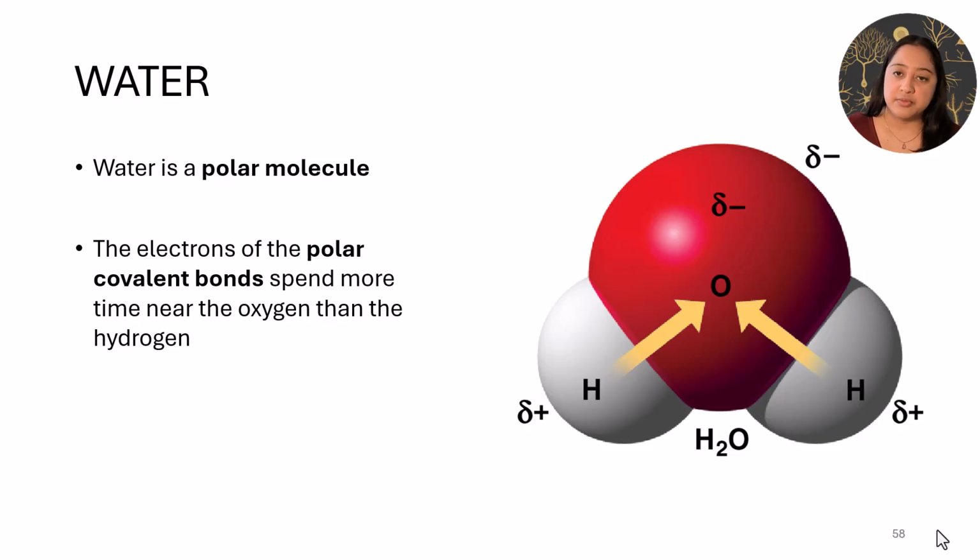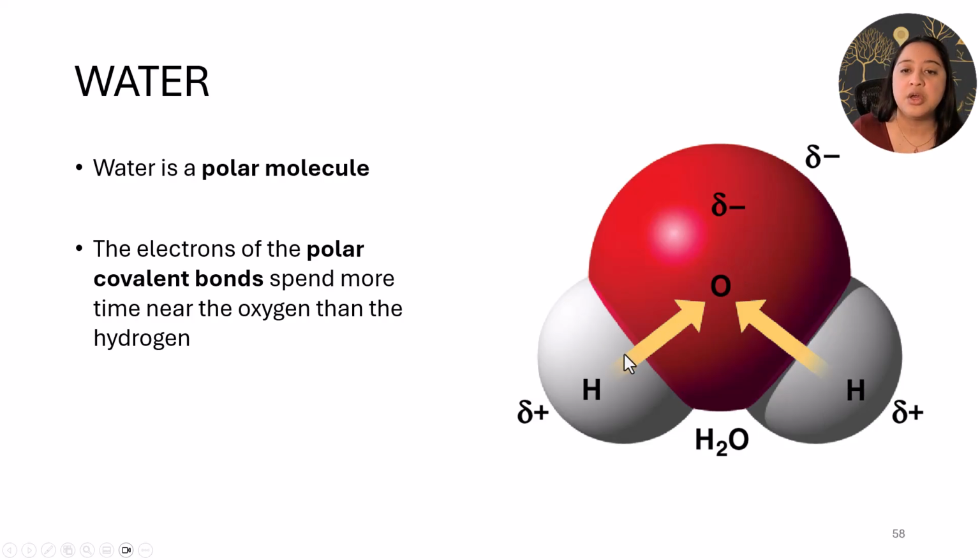So if you remember from lecture 2, part 1, a polar molecule has a part that is partially negatively charged and other parts that are partially positively charged. So a polar molecule has those regions of different partial charges.